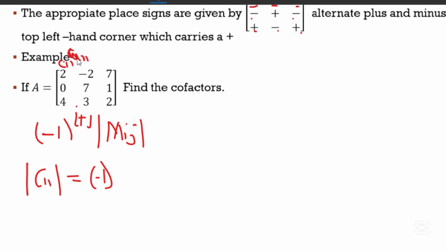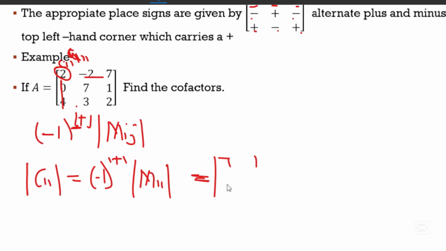Our row is 1 and our column is also 1. So we take the first row, first column element. We delete all entries in the row of that element and in the column of that element. So we are left with 7, 1, 3, 2.